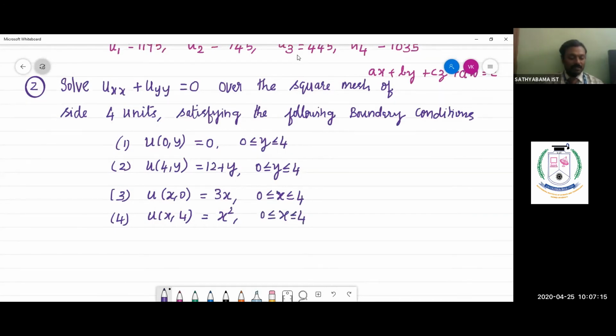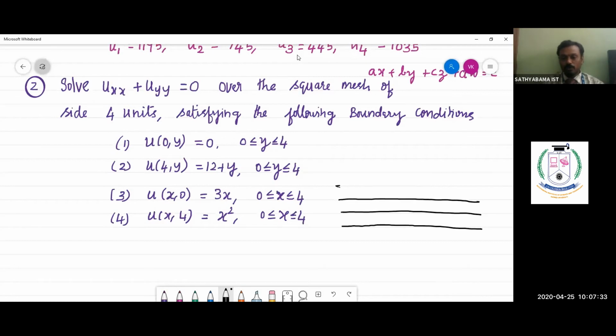Now let's try to construct the mesh of side 4 units each. So we have y equal to 0, 1, 2, 3 and 4 along the y-axis.